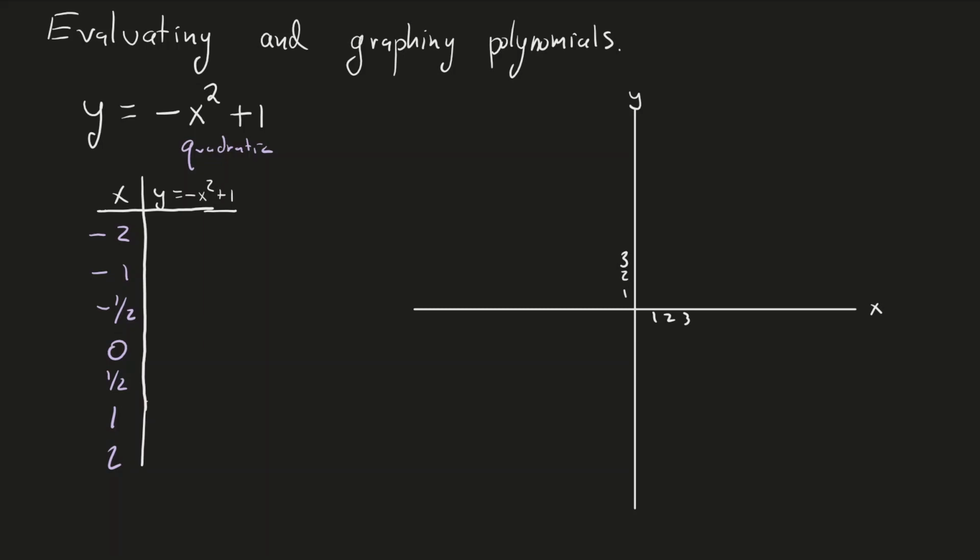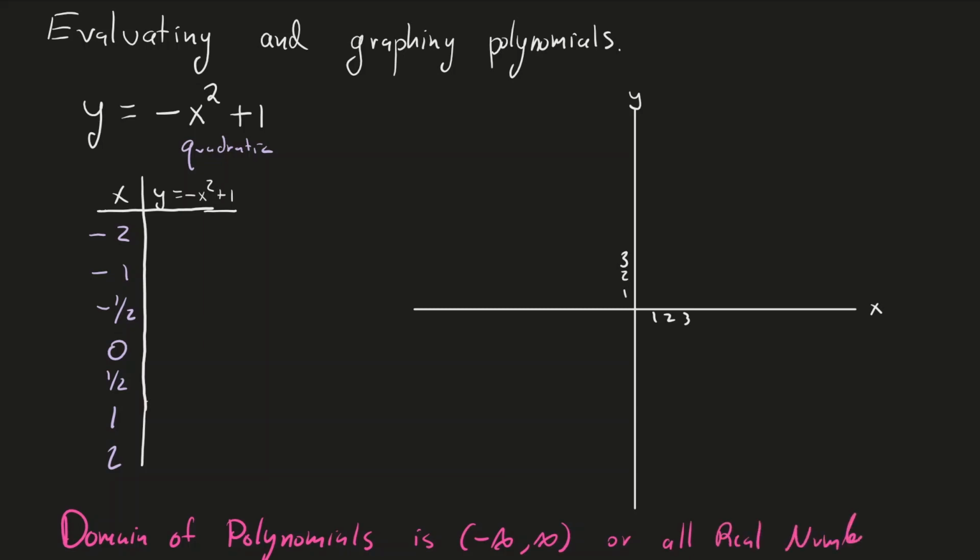So the key feature is the domain of polynomials is all real numbers, negative infinity to infinity. That's a key feature to keep in mind. You can plug in legitimately any real number to these and get a value.